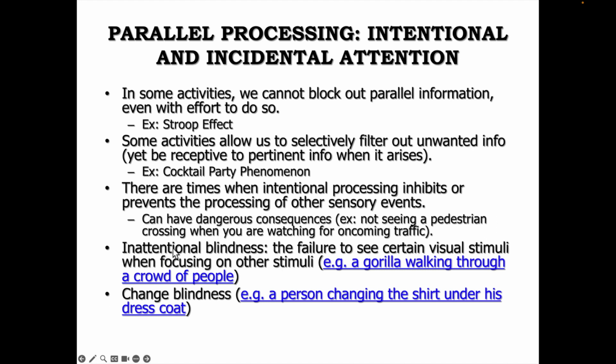This idea of not being able to focus on some things due to other stimuli, one of these things is called inattentional blindness. Essentially, inattentional blindness is failing to see certain things when you're focused on other things.